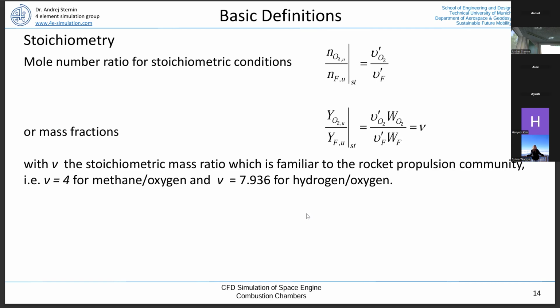We have 2 reasons why we are operating fuel rich. Number one is we have a metal wall at 900 Kelvin. If we had oxygen there, we would burn the combustion chamber wall. So we need more fuel in order to protect our combustion chamber wall.